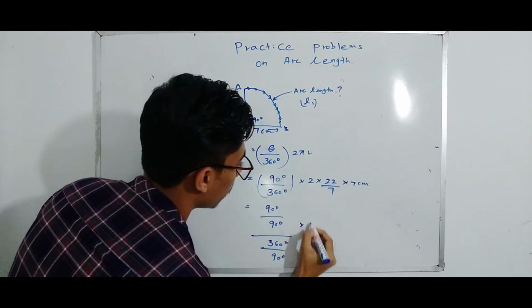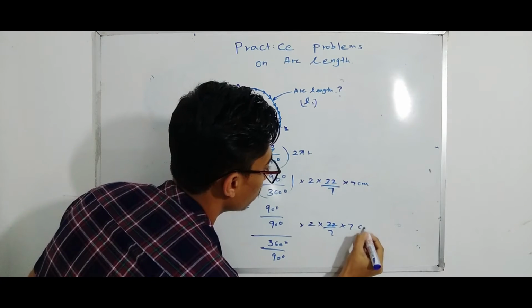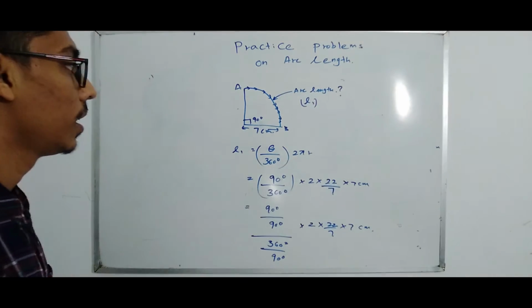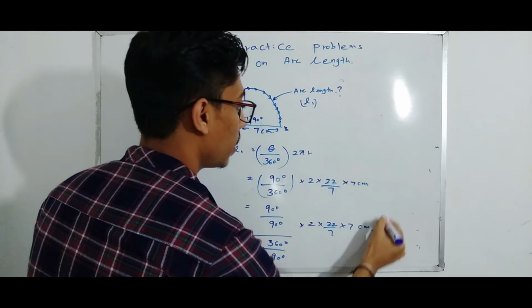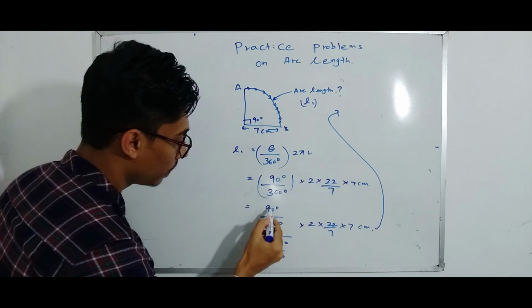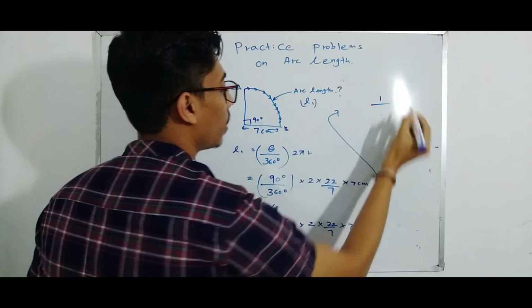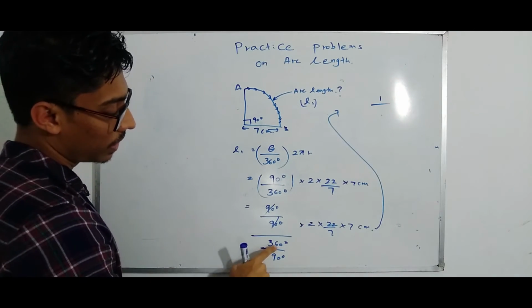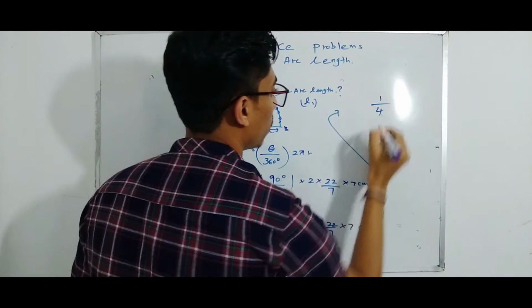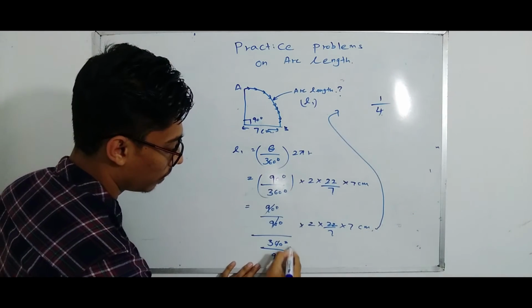And the rest of this, I have this equation up here: 22 upon 7 into 7 centimeters. When I divide 90 by 90, I get 1 here. 1 upon 1 is 1. When I divide 360 by 90, it's 4. That's a quarter, 1 upon 4 here.